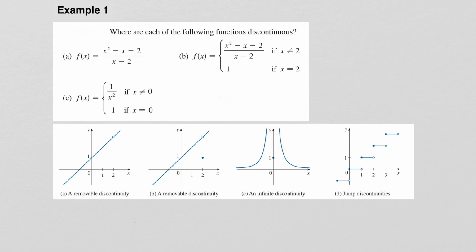And the fourth graph is something that I didn't go over algebraically, but when you have a function that jumps from one section of the graph up to another section, clearly these are discontinuities, and these are called jump discontinuities. So these are the various types of discontinuities you can have: removable, jump, and infinite discontinuities.